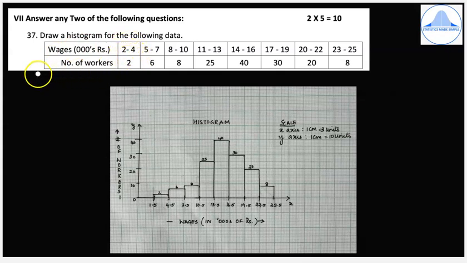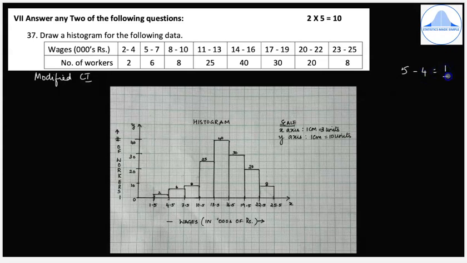Now it's important that you find out the modified class interval. So you have to convert the inclusive class intervals to the exclusive type class intervals. So take the lower limit of the second class interval, which is 5, subtract it from the upper limit of the first class interval, which is 4. So 5 minus 4 is equal to 1.